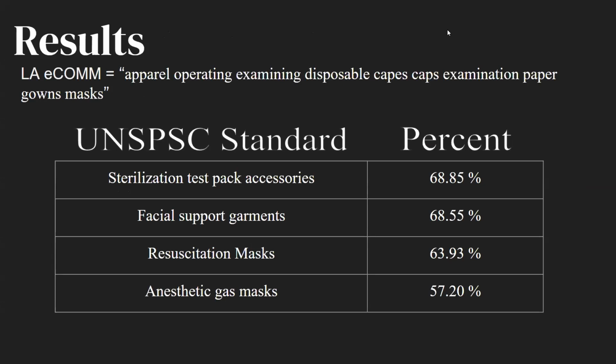In this table, we show the top most similar results when comparing apparel, operating, examining, disposal, caps, examination, paper, ground, mask against the UNSPSC, and it will return top results like resuscitation mask, anesthetic gas mask, or facial support garments. Next slide, please.